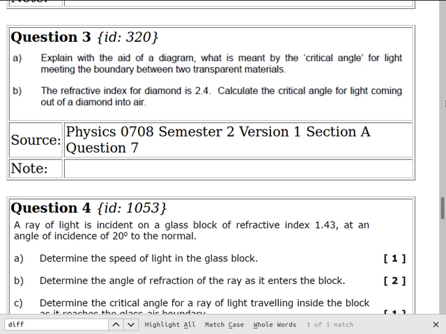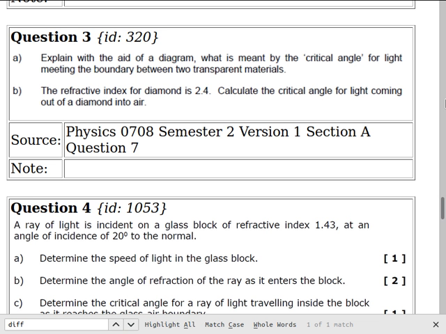So there's never any ambiguity with the critical angle. You never have a choice. It does say for the light coming out of the diamond into the air. What happens is the light enters the diamond, and now you're looking at the light that is in the diamond exiting into the air.